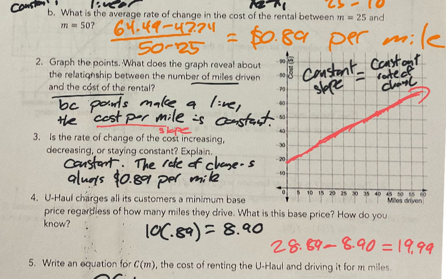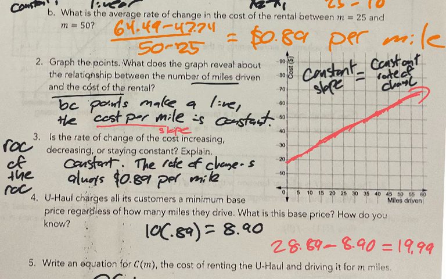All right. Next thing I want to talk about is the rate of change of the rate of change. So how much is my rate of change changing by? It's not. It's constant.